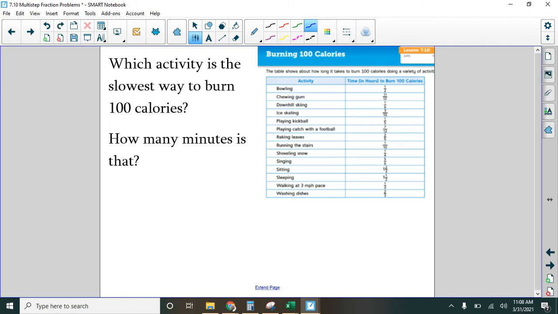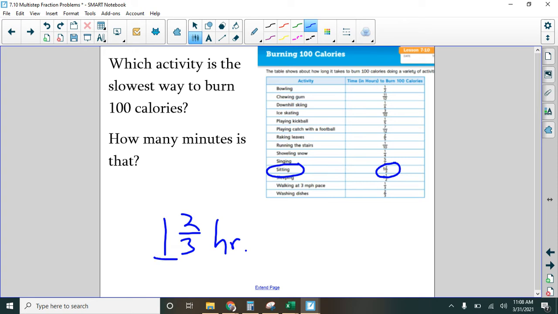In order for something to be done fast, it doesn't take much time. The biggest number is right there, and it goes with sitting. If you're just sitting on the couch or sitting in my chair like I am right now recording this video, it will take 1 2/3 hours to burn 100 calories. What a big difference!